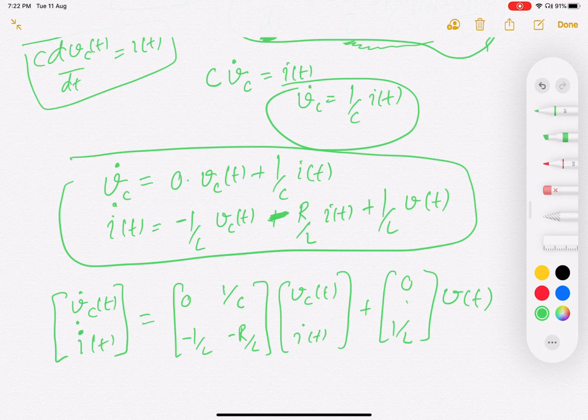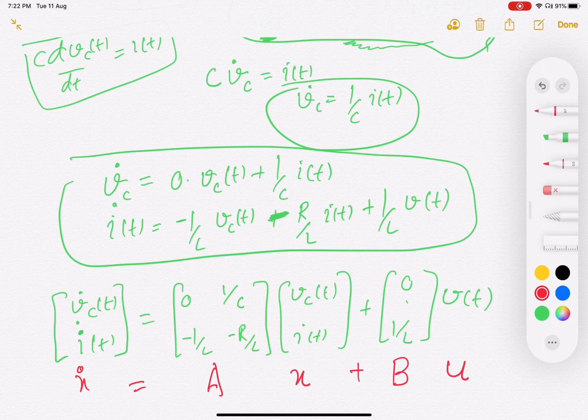So this is the state equation for this circuit. These are your state variables. X dot is equal to, this is your A matrix, this is your X, plus this is your B matrix, and this is your input. X dot is equal to AX plus BU.